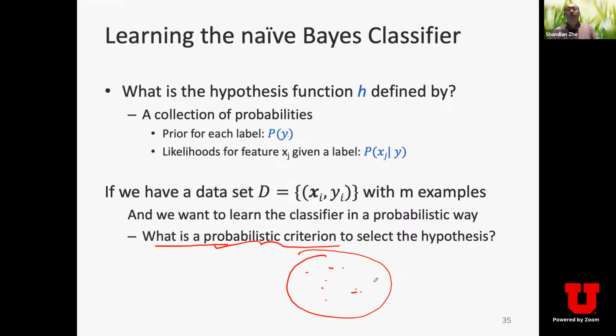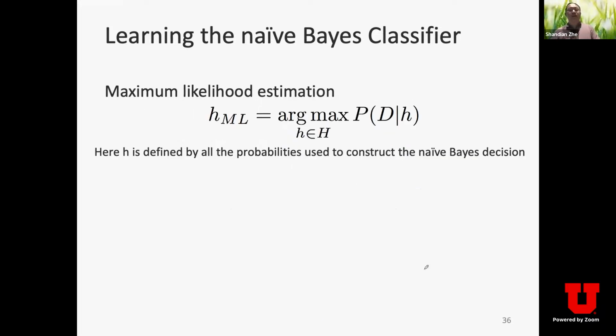However, if we simply assume each possible hypothesis has the same prior, that means it's a uniform prior, then MAP estimation is reduced to maximum likelihood estimation, because the prior is just a constant for every possible hypothesis. So we consider a simpler case where we just use maximum likelihood estimation. That means we just assume a uniform distribution over the hypothesis space.